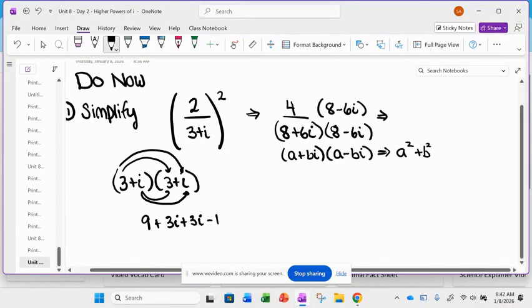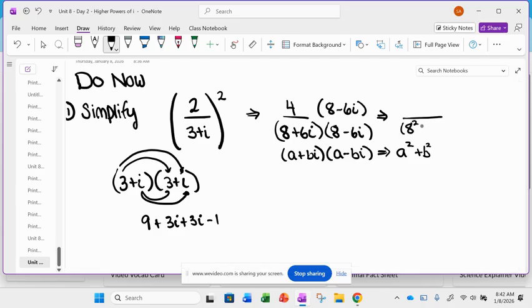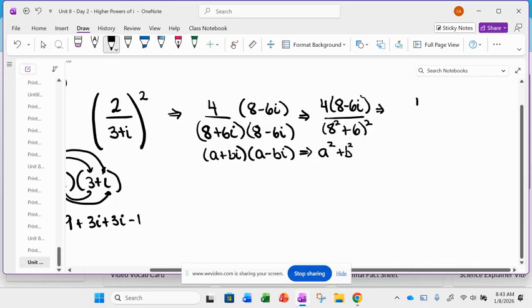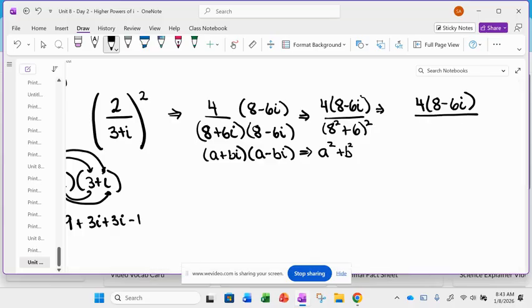So we're going to end up with an 8 squared plus 6 squared, all over 4 times the quantity of 8 minus 6i. So now we're going to get in our denominator 64, plus 36.